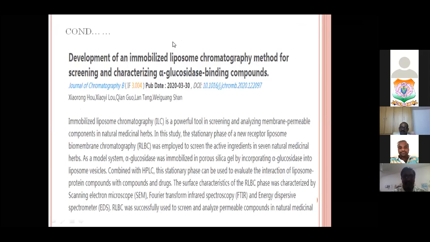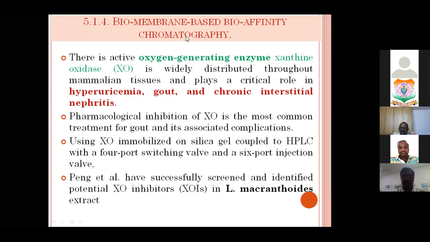Now, another method is biomembrane based bioaffinity chromatography, with an example which I am going to explain. As we all know, one enzyme called xanthine oxidase generates oxygen free radicals and may be responsible for hyperuricemia, gout, and chronic interstitial nephritis.